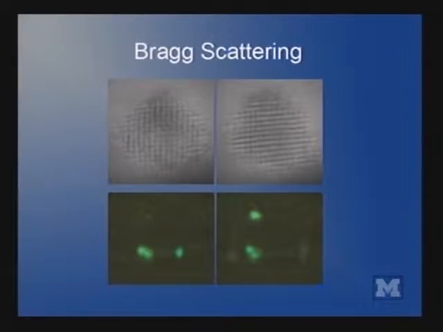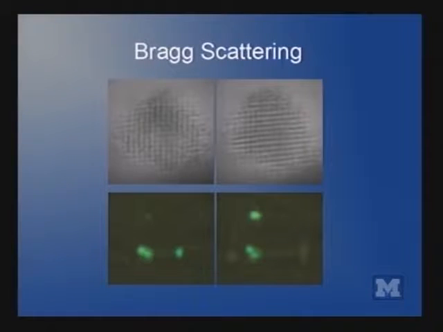Now we can change the polarization of the original lattice beams, and in doing so we can change the nature of our standing wave, and so we can change the lattice potential that the particles see. And so on the picture on the left, we have changed the polarization such that we hardly get any trapping up and down, but we still get quite strong trapping side to side.